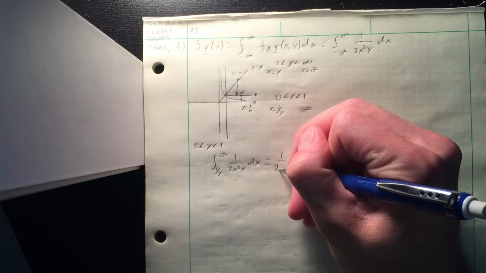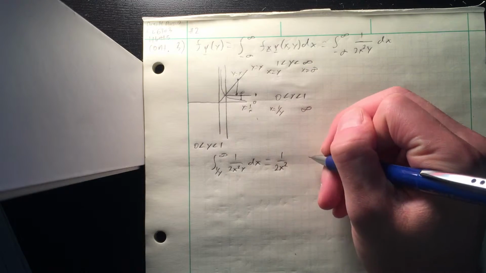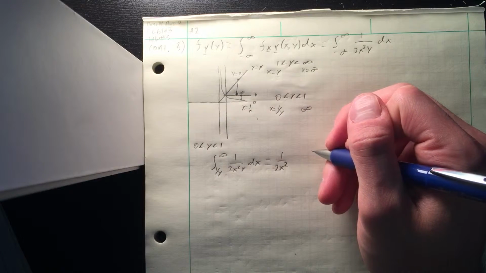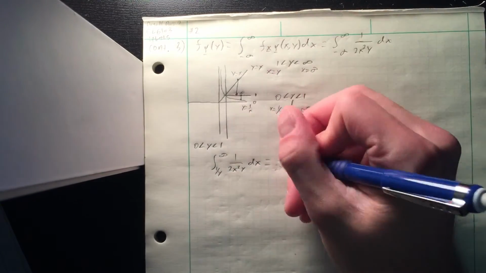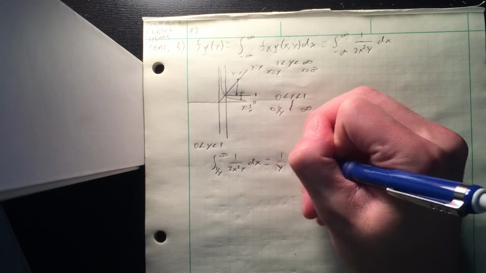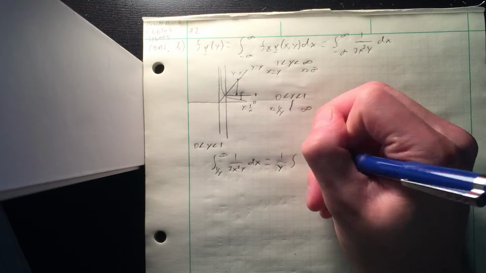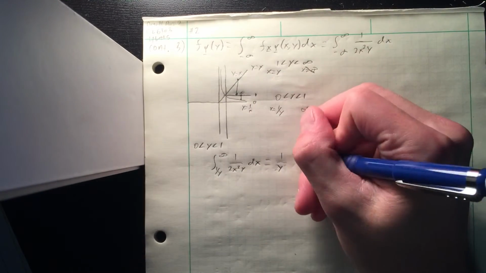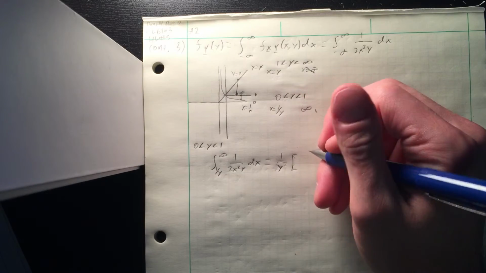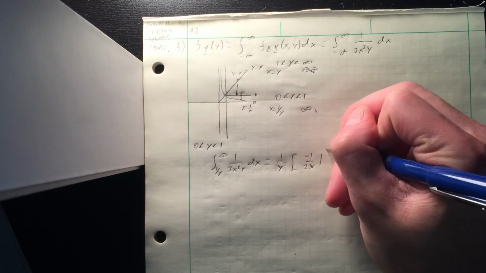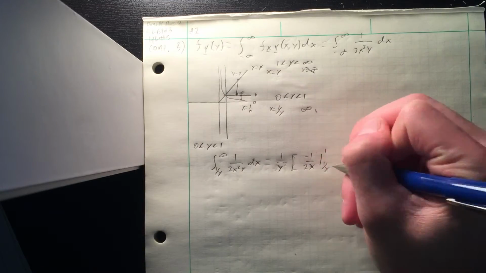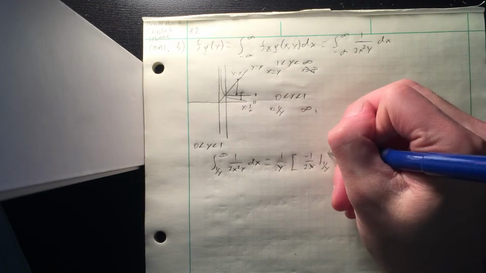So pull out our x squared there. Sorry, pull our x or 1 over y. And we can do the integration, which will be negative 1 over 2x, 1 to 1 over y. For infinity, sorry.